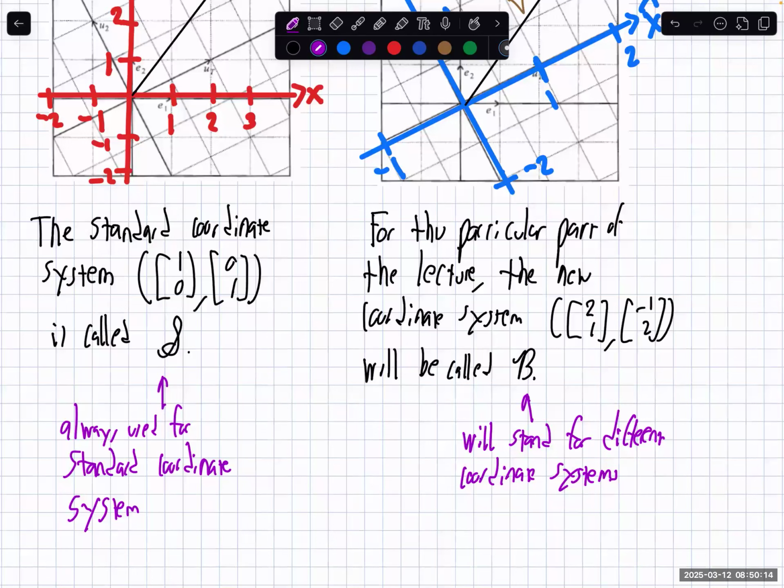In this particular example, B is this one. In a different problem, S will always be this, and the B will change.